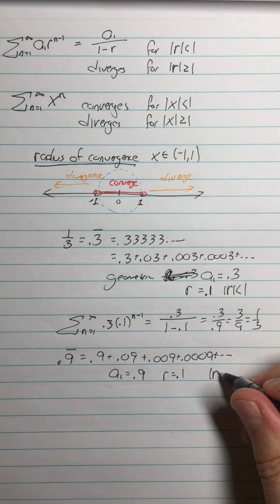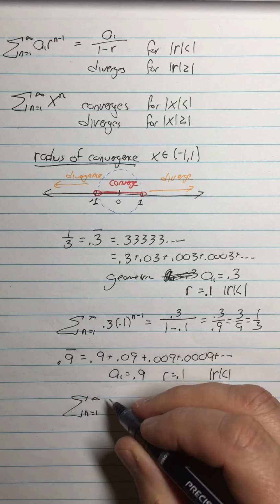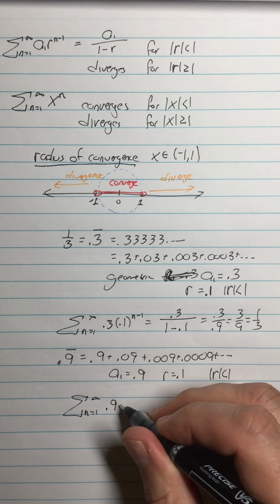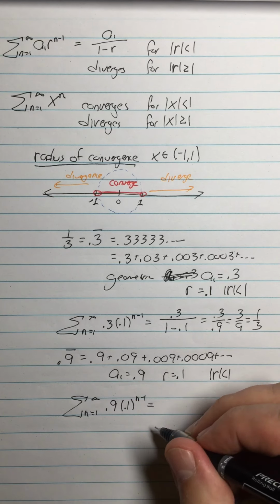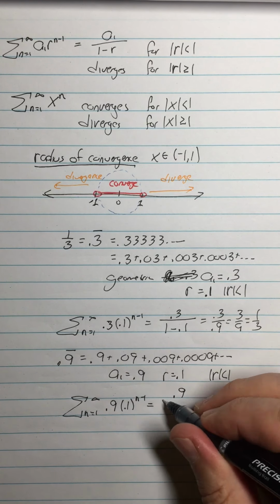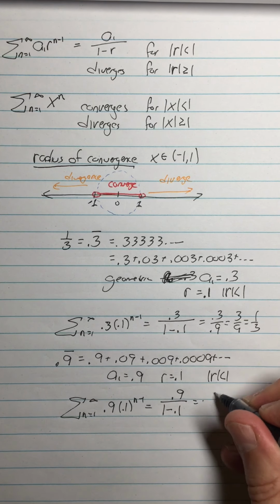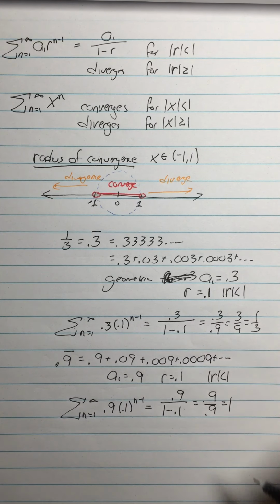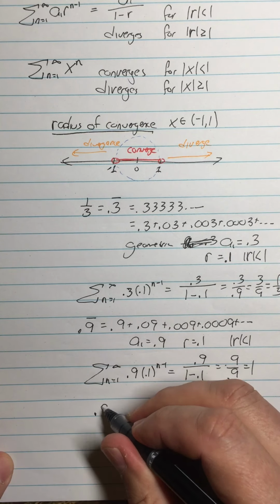Since the absolute value of r is less than 1, this should converge, and we should have the sum from n equals 1 to infinity of this infinite expansion, 0.9 times 0.1 to the n minus 1 power, should equal my a sub 1, which is 0.9, over 1 minus my r, which is 0.1. 0.9 over 0.9. I'll be darned. It's 1. So this is the most mathematically rigorous way to establish that 0.9 repeating equals 1.